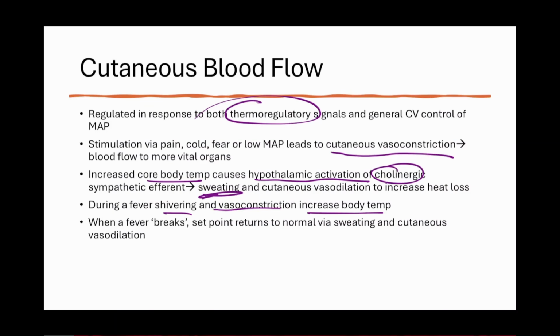When we're very cold, we want to increase our body temp. Shivering generates heat, and shunting blood away from the extremities keeps all that nice warm blood in the core. And again, when a fever breaks, the hypothalamus was at 101, now it's set your body temp to 98, but your body's still at 101, so we're hot, so you have to sweat to cool yourself off.